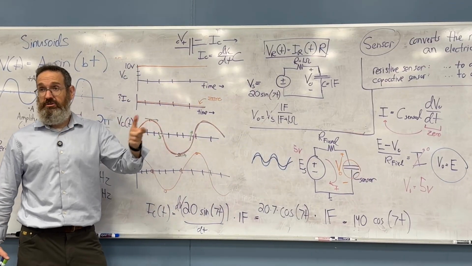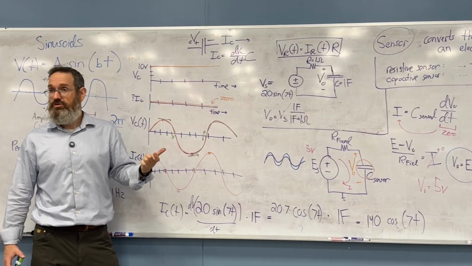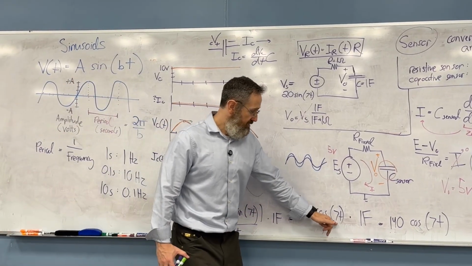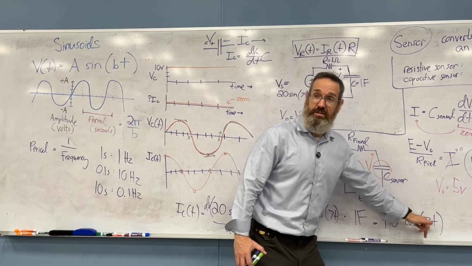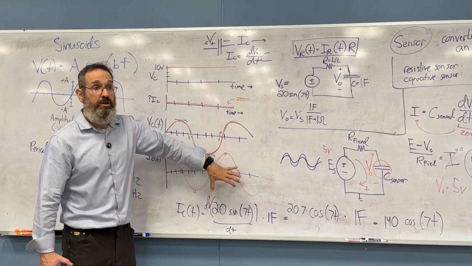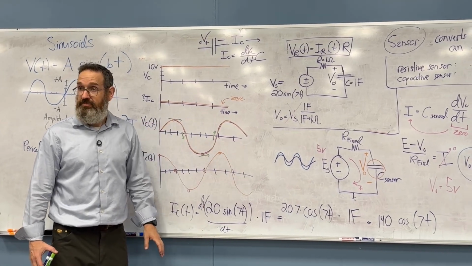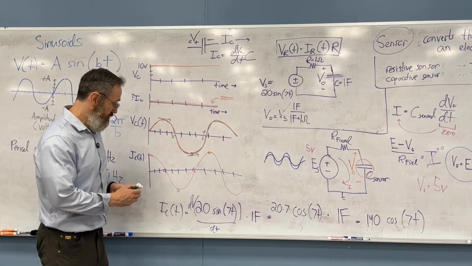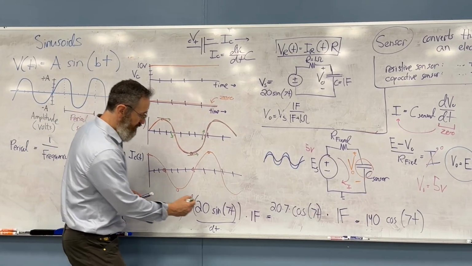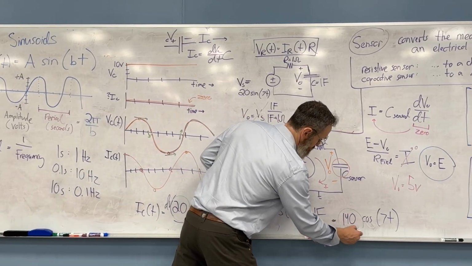Sinusoid in, sinusoid out. Second rule of sinusoidal steady state analysis, the frequency doesn't change. 7t and 7t. The rate of the up and down wiggles of the voltage and the current are the same. However, the amplitude, which before was 20 and now is 140, has changed.